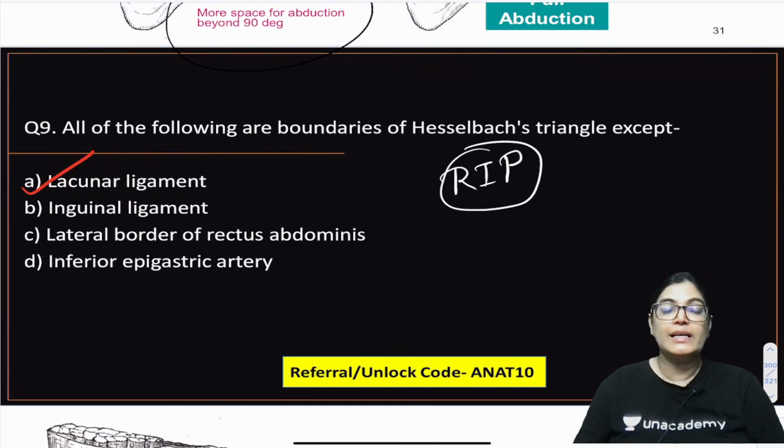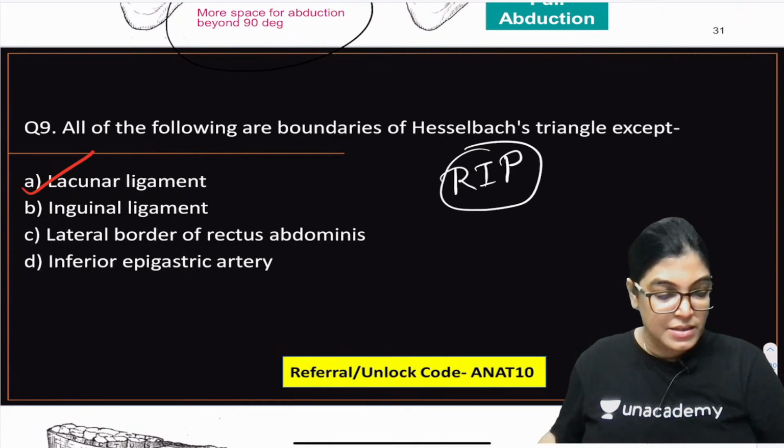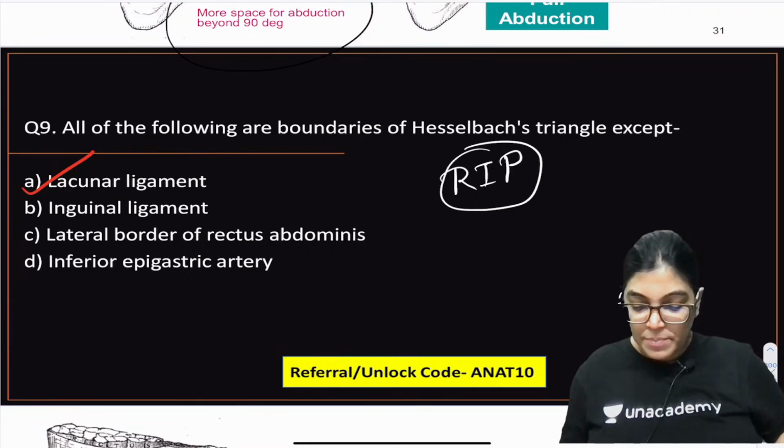R for rectus abdominis, I for inferior epigastric artery, and P for Poupart's ligament. What is the other name of inguinal ligament? It is called Poupart's ligament. So you can know the boundaries of Hesselbach's triangle by learning this mnemonic, RIP. Okay, no worries, it will be easy for you to understand. So RIP is the boundary.